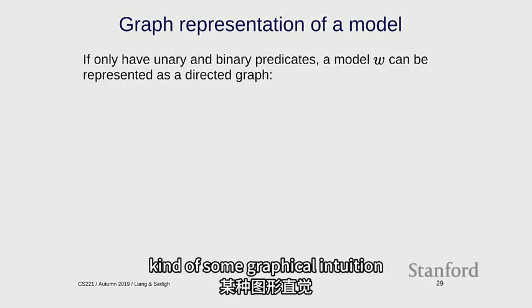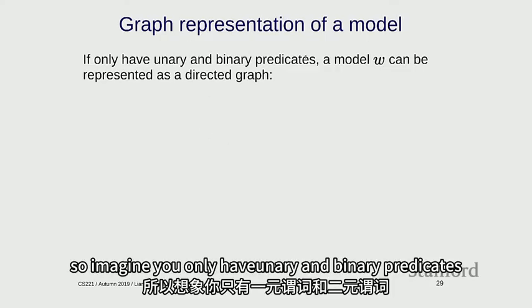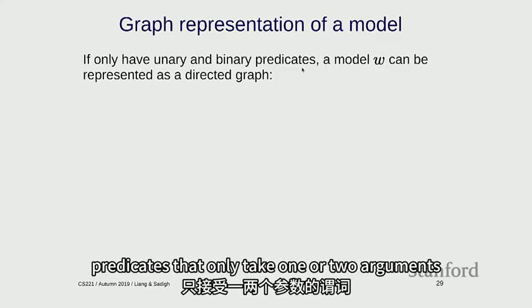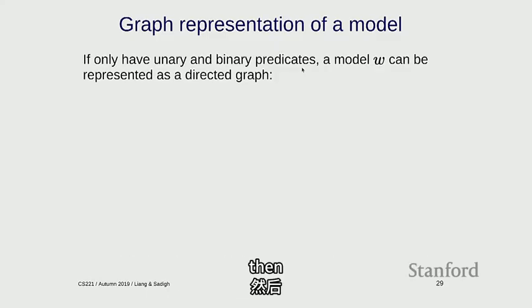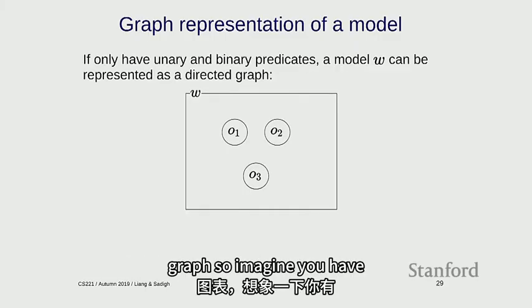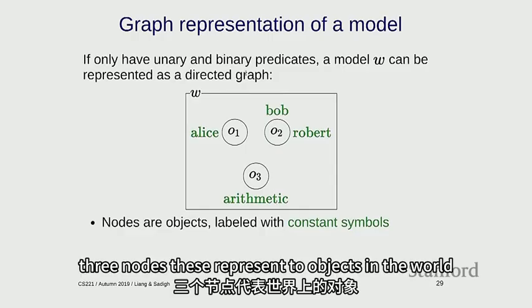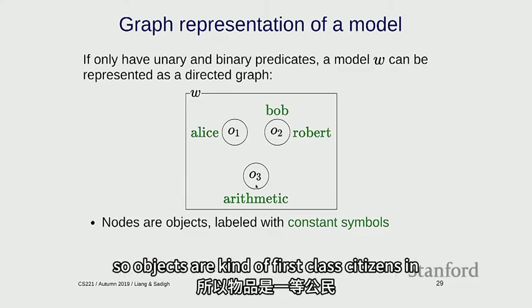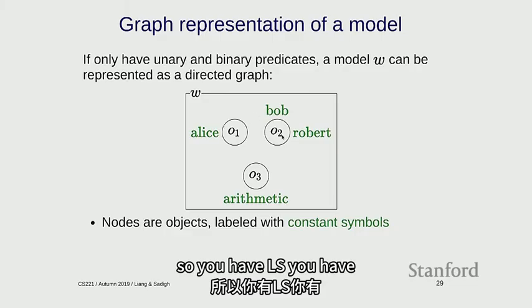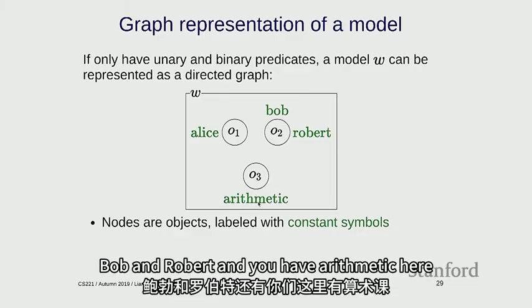So I'm going to give you a graphical intuition. Imagine you only have unary and binary predicates. So these are predicates that only take one or two arguments. Then we can think about a model as being represented as a graph. So imagine you have 3 nodes. These represent the objects in the world. So objects are kind of first-class citizens in first-order logic. And these are labeled with constant symbols. So you have Alice, you have Bob and Robert, and you have arithmetic here.